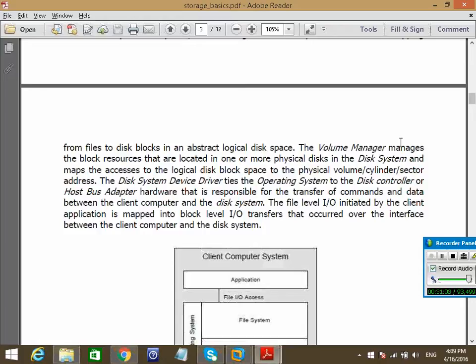Because it is acting like a local disk to that particular host that we are mapping. Say we have created a logical volume, LVM. Now we want to map this to some other host, where we have Windows or Linux. That particular host will be able to see this at a local level.